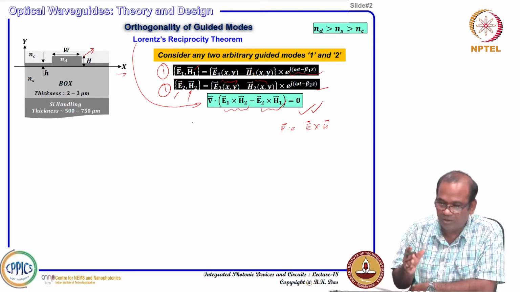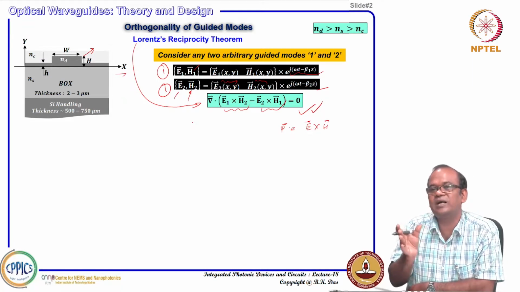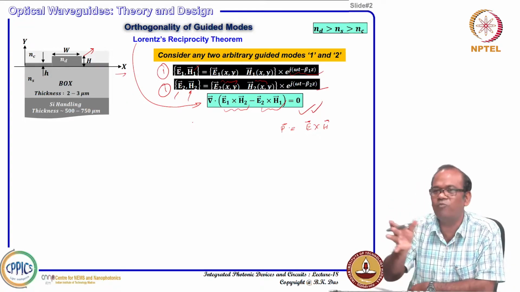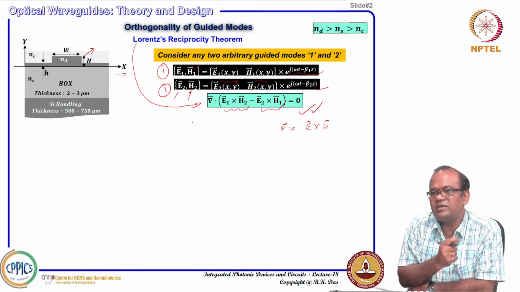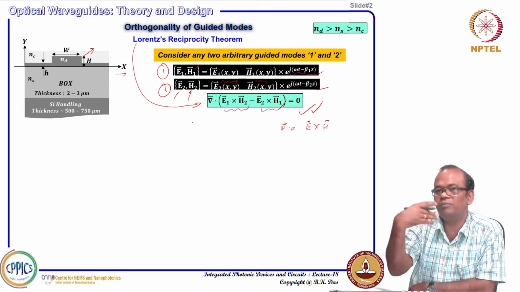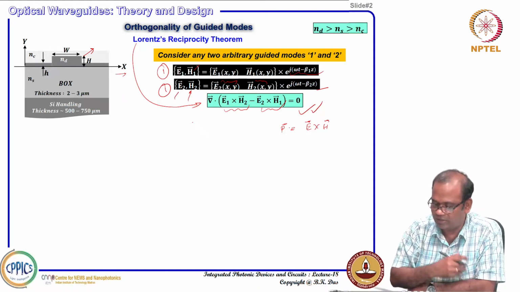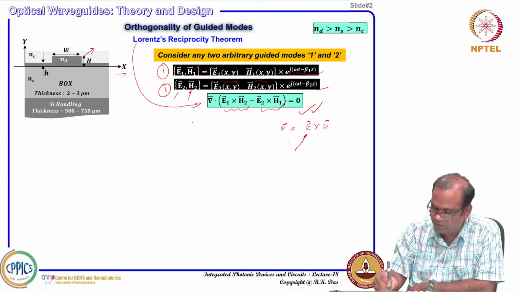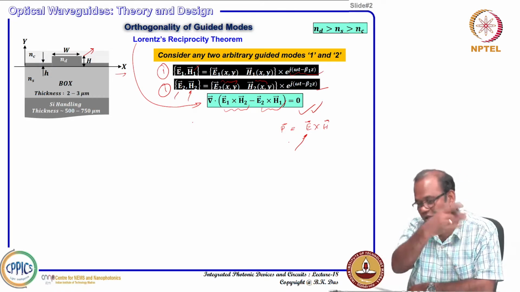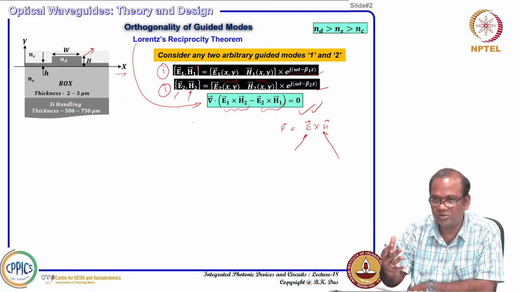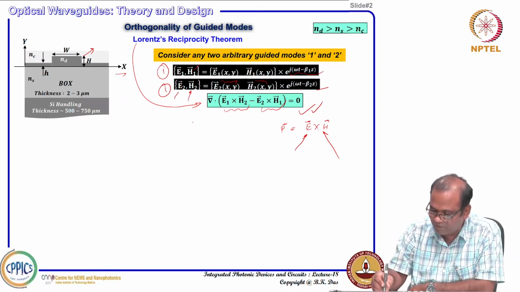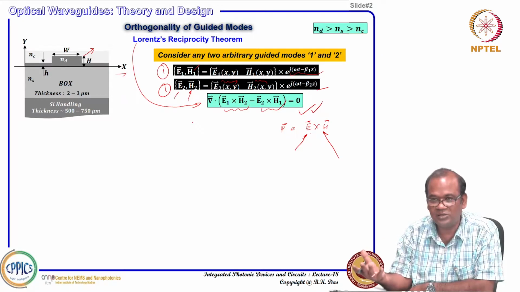But whenever an electromagnetic wave propagates as a guided mode, for example as different modes propagate, then I can say what the total energy flowing is. I can get the total electric field coming out of all the modes, and the total magnetic field. Then E cross H is the total energy.